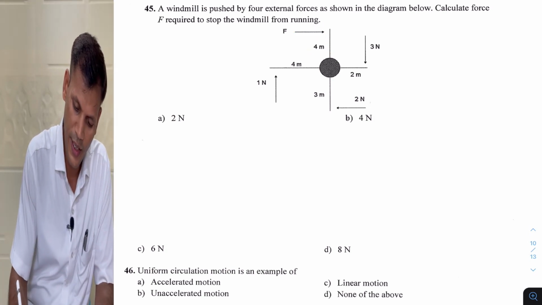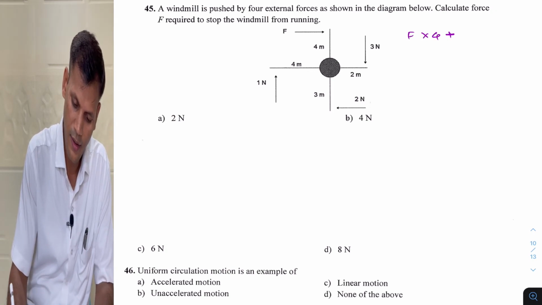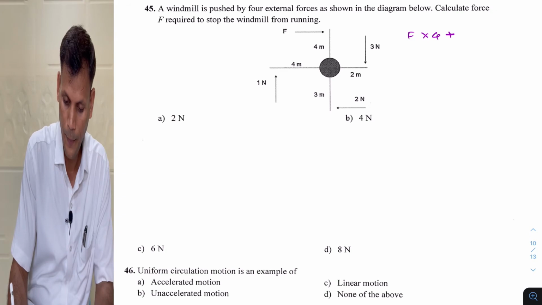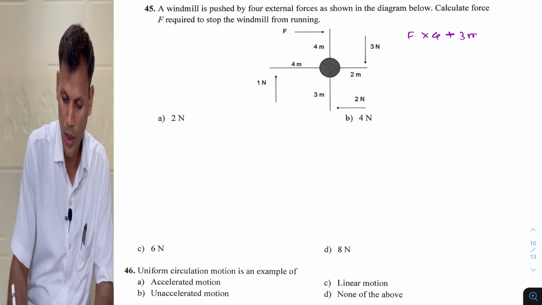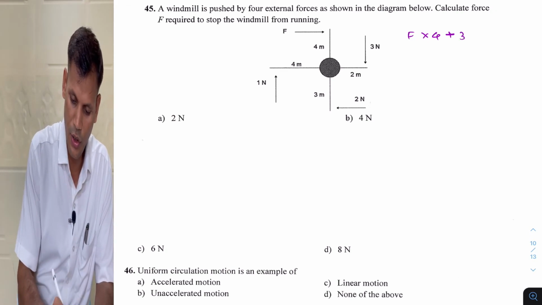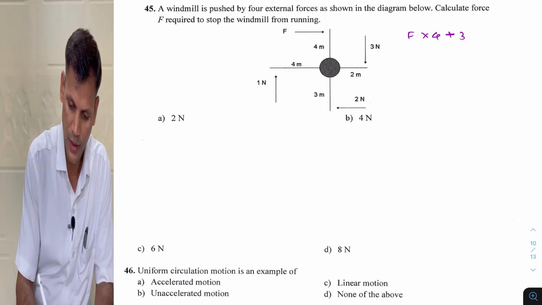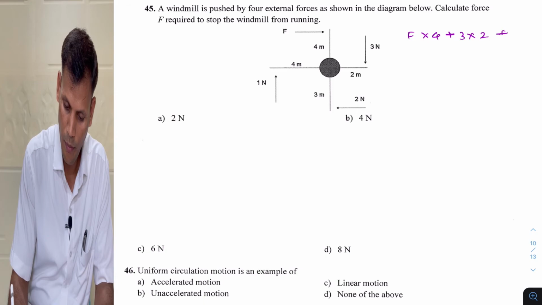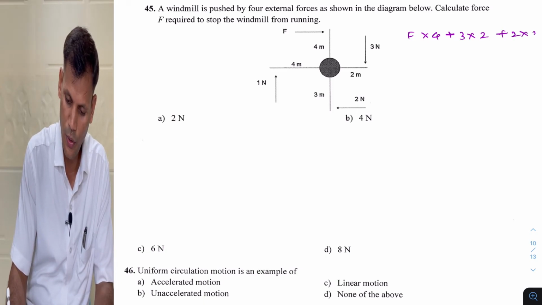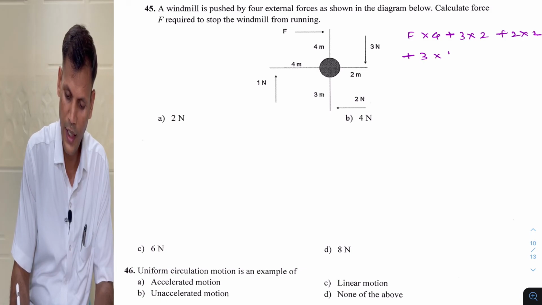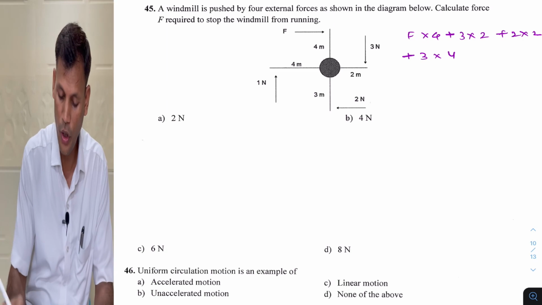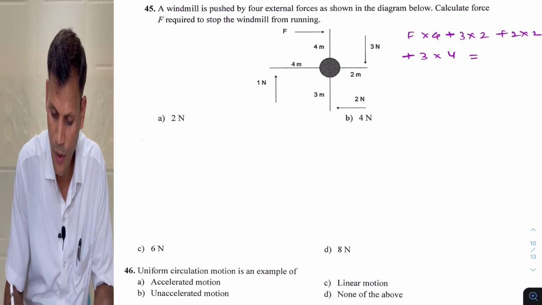So we can say F into 4 plus 3 into 2 plus 2 into 2 plus 3 into 4 is equal to 0.